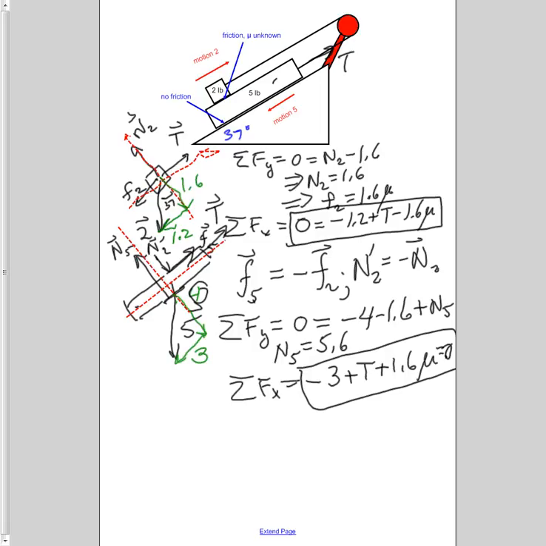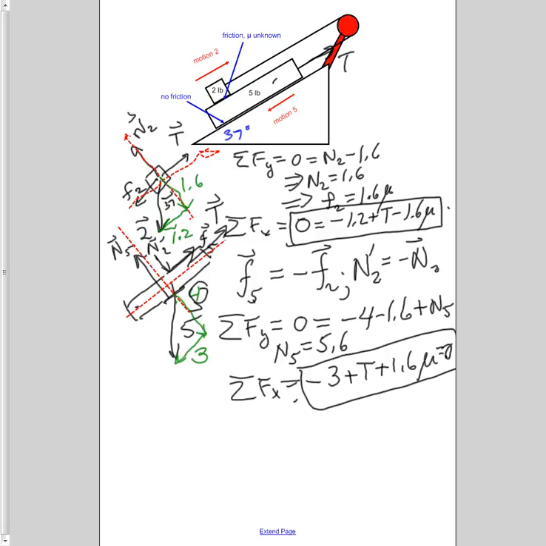All we have to do is know algebra and solve these two equations. I'm assuming that you all know the algebra. Here's the way I would solve this problem. I would look at these two and say, this equation has a 1.6 mu in it, and this equation has a -1.6 mu. So if I add these two equations, then mu goes away.